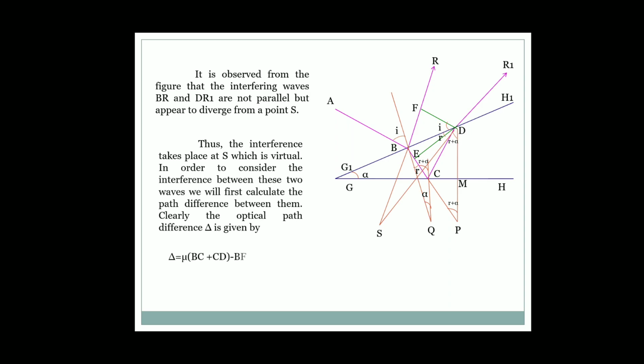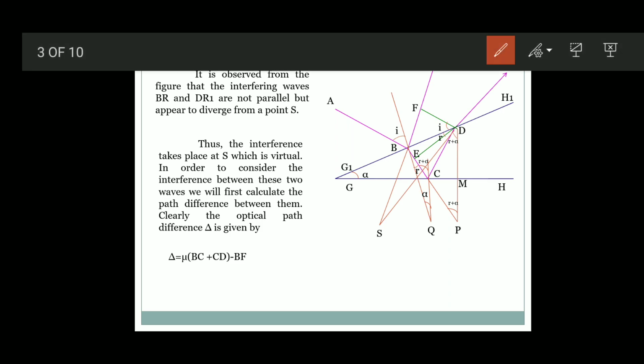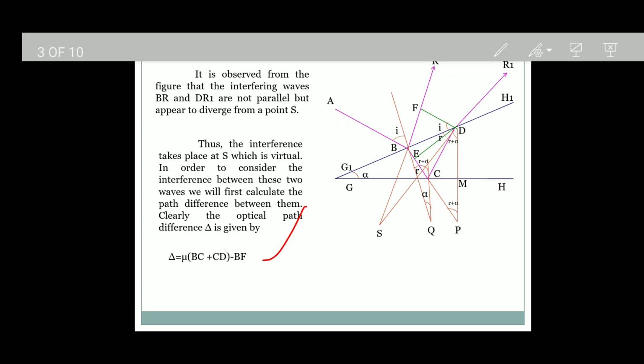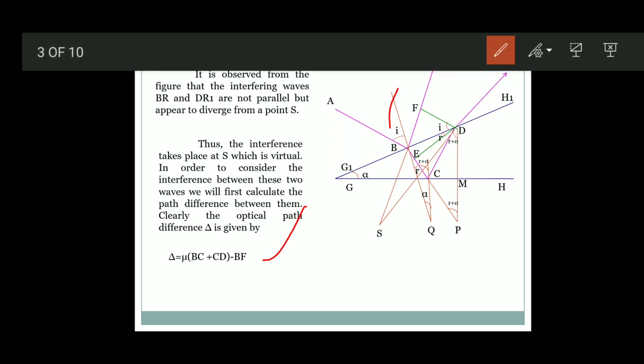So the path difference between these two reflected rays, that is BR and DR1, can be written as delta is equal to mu into BC plus CD, that is inside the glass plates, minus BF, that is the distance of the first ray.